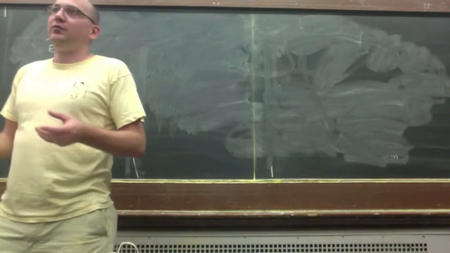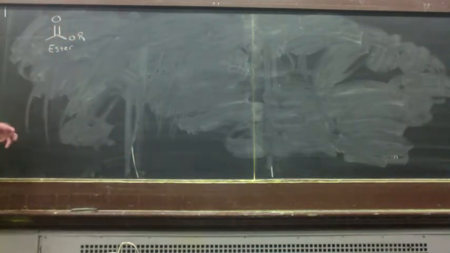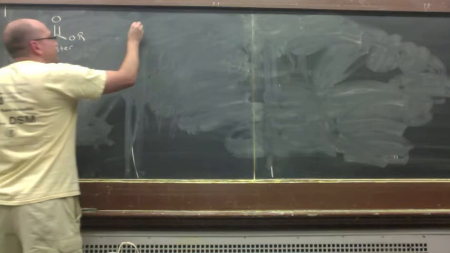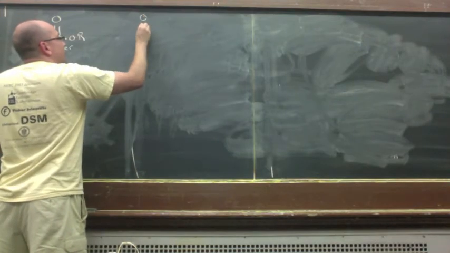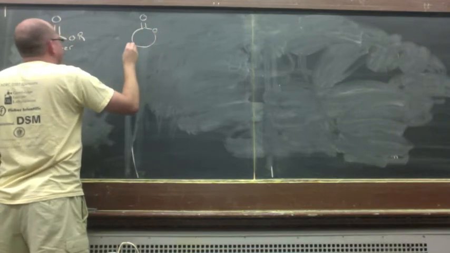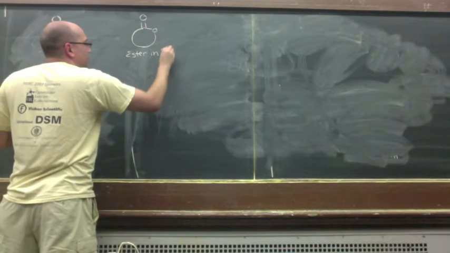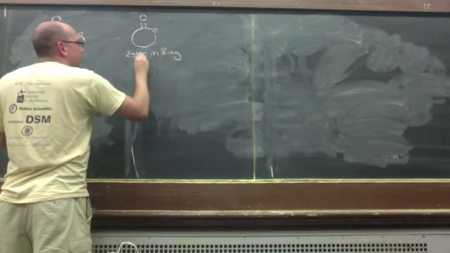Some of you may have heard it, some of you might already know this, but you'll hear something called a lactone. Does anybody know what a lactone is? Yeah, a lactone is an ester, but in a ring. So if you have an ester in a ring, it's called a lactone.